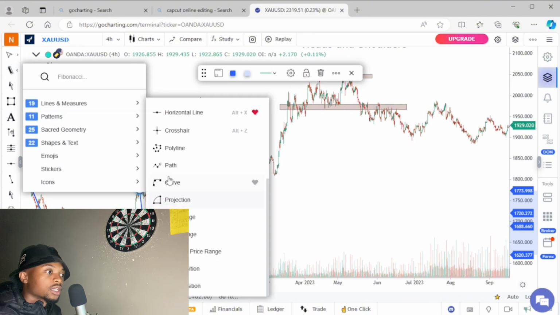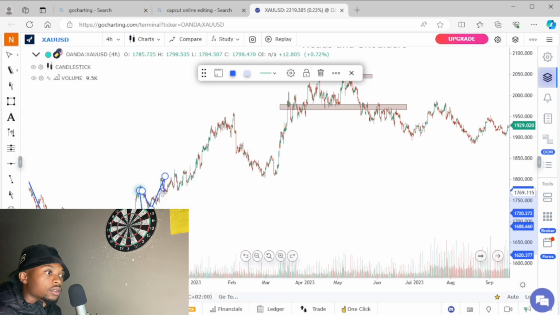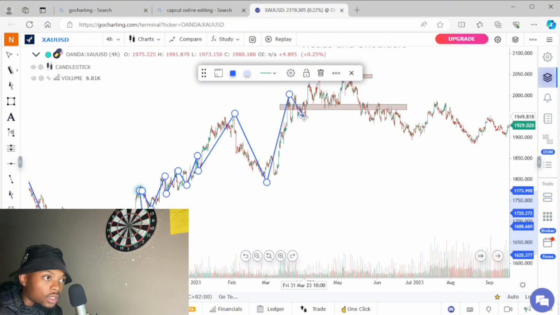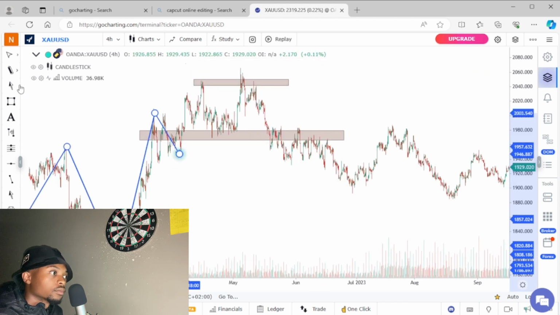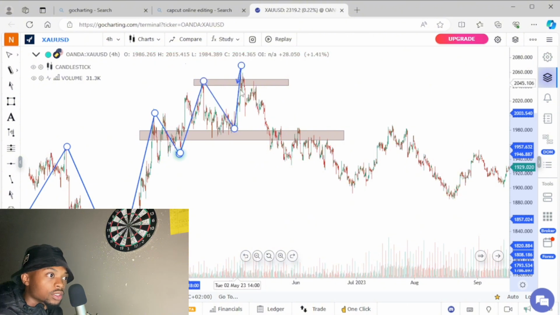We now had ourselves an uptrend, uptrend, uptrend, uptrend, uptrend, until we got to this area right here where we had price form our head and shoulders.